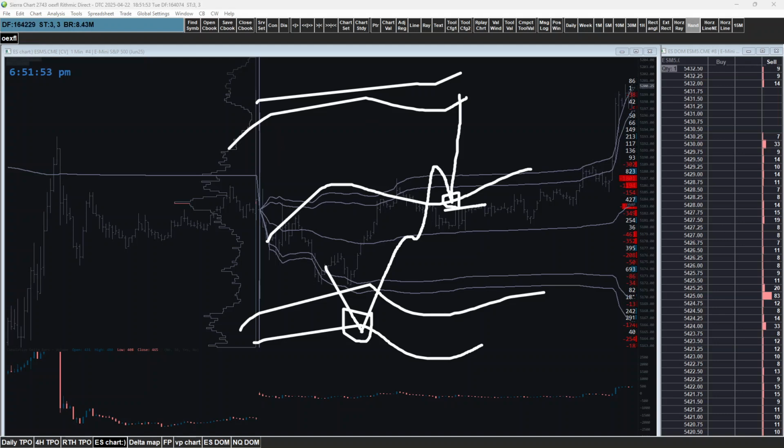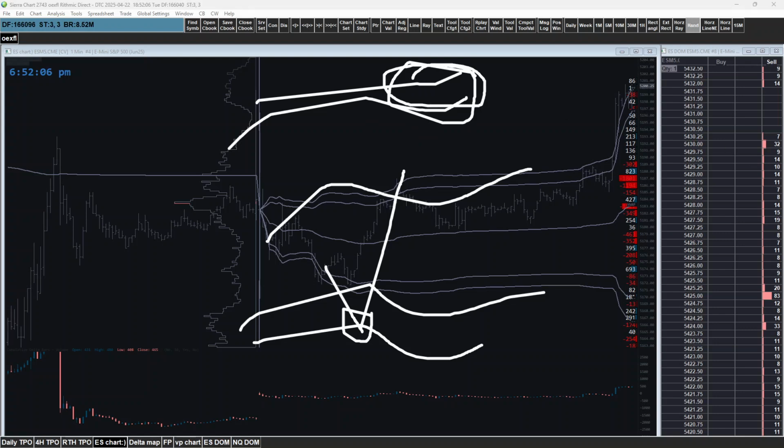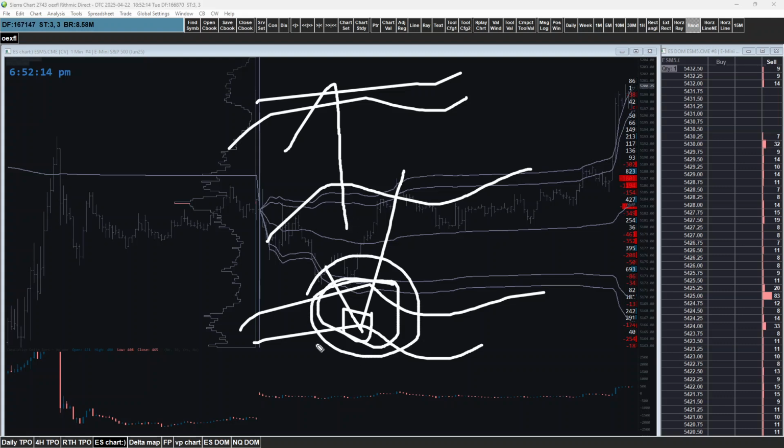Because if we trade through the VWAP, there's a high chance that we will reach the opposite outer bands. And the same goes for bearish. If we're bearish and we trade through the VWAP, there's a high chance we will reach the opposite bands. So that's one thing with VWAP.